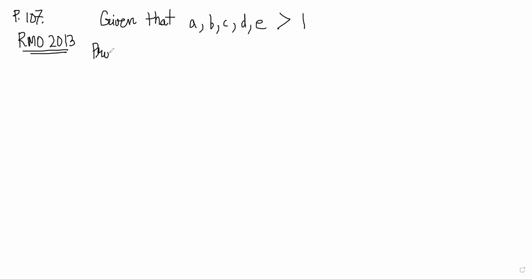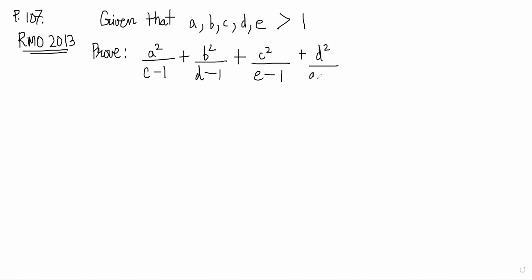We have to prove that a^2/(c-1) + b^2/(d-1) + c^2/(e-1) + d^2/(a-1) + e^2/(b-1) is greater than or equal to 20. Okay. So another inequality problem, again we'll be using AM-GM.